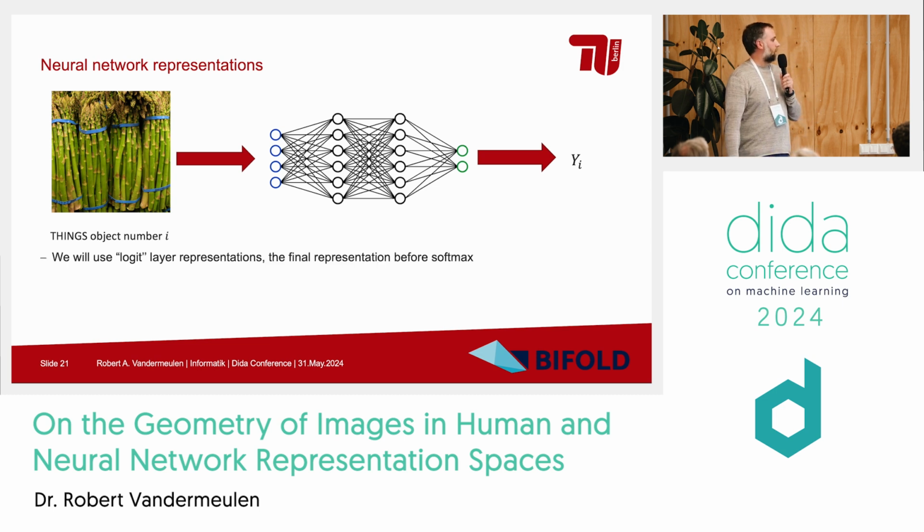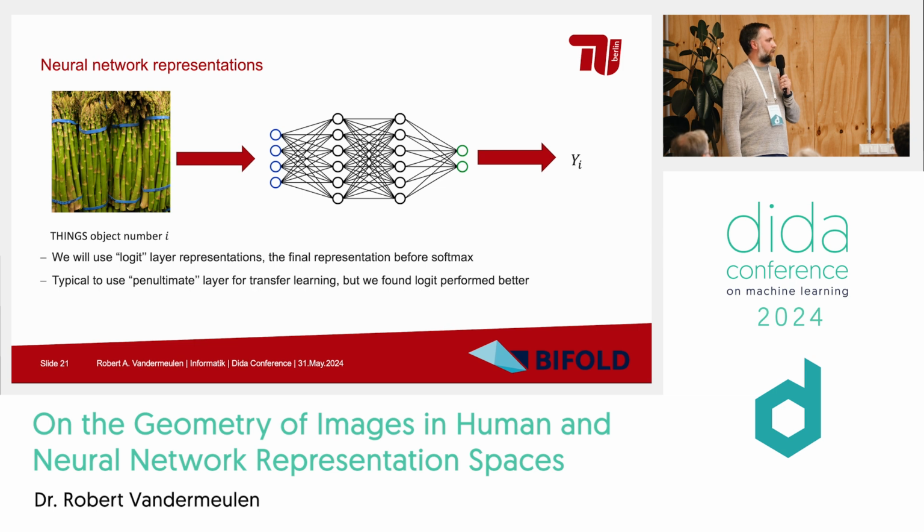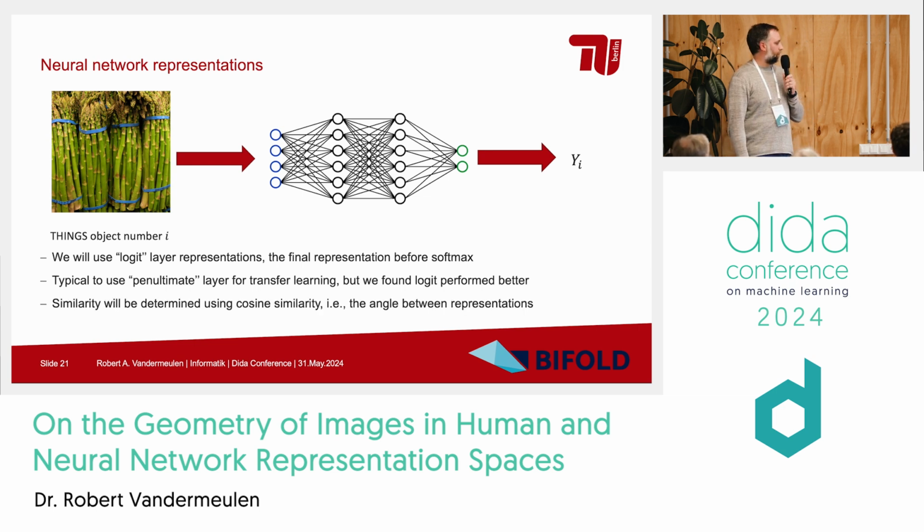We will use the logit layer representations just because that worked the best. It's typical to use the penultimate layer for transfer learning, but everything was more aligned at the logit layer. That's the layer right before the final softmax. So we went with that.